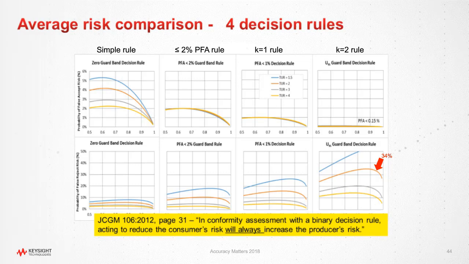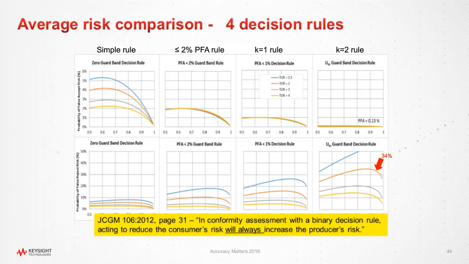Without going into too much detail, in each case the 4 charts on the top are false accept risk, and the 4 charts on the bottom are false reject risk. And it's 4 different decision rules: no guard band, enough guard band to produce a 2% probability of false accept, the standard deviation times 1, and the standard deviation times 2.